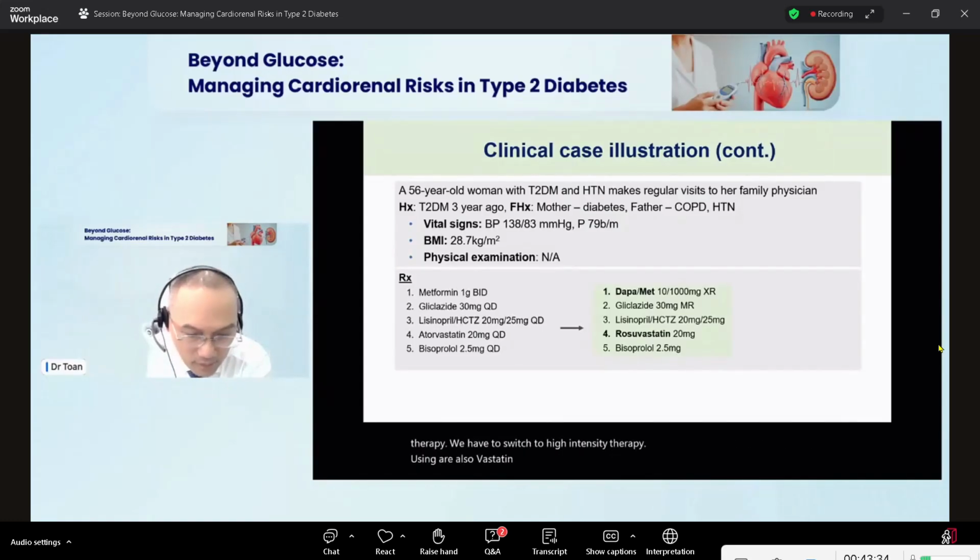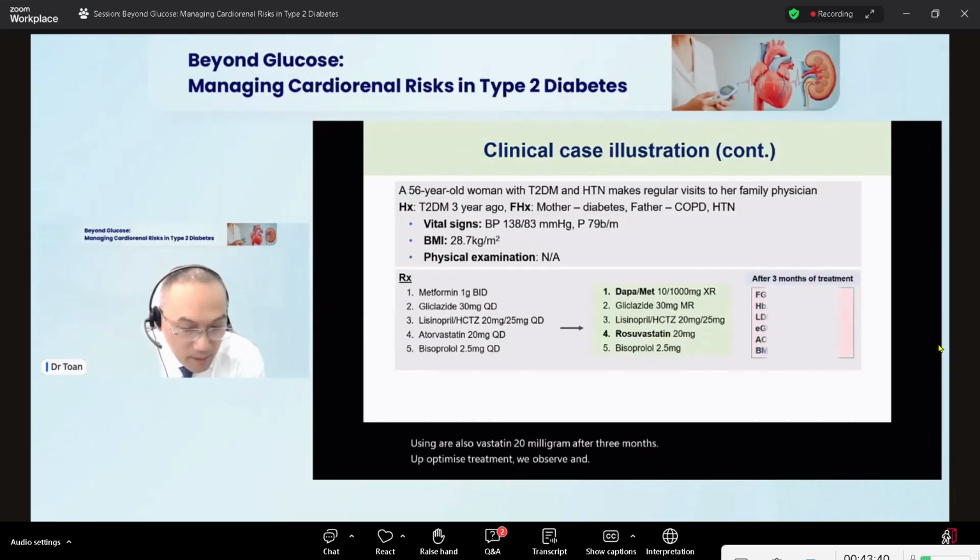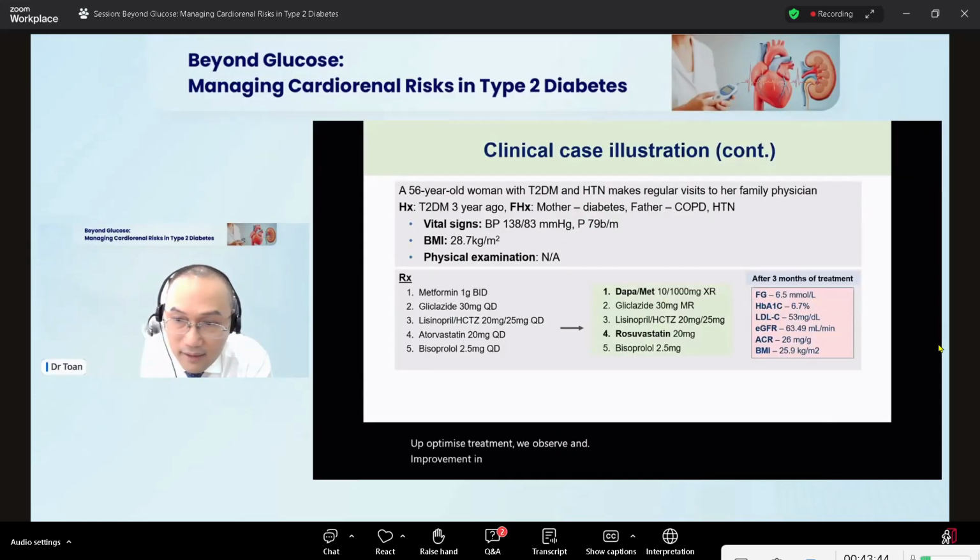After 3 months of optimized treatment, we observe an improvement in all parameters. Here we can see reduced albuminuria, reduced BMI, and hemoglobin A1C less than before: 7.1 before, and today 6.7%.